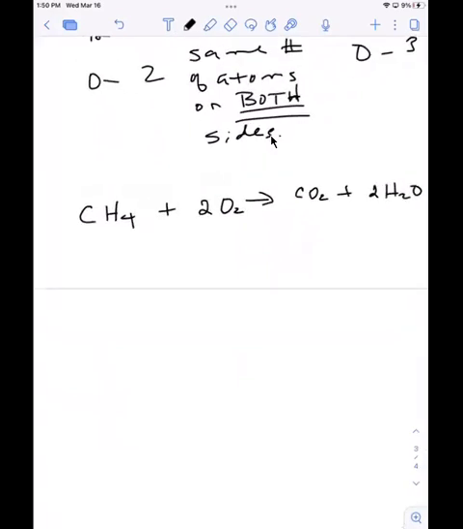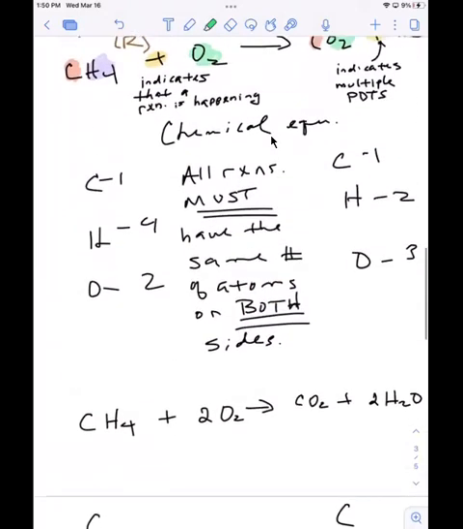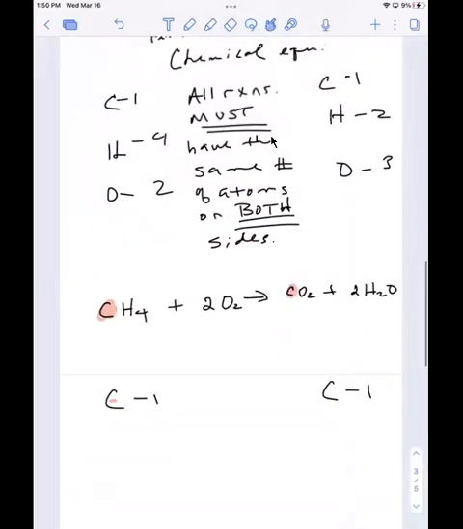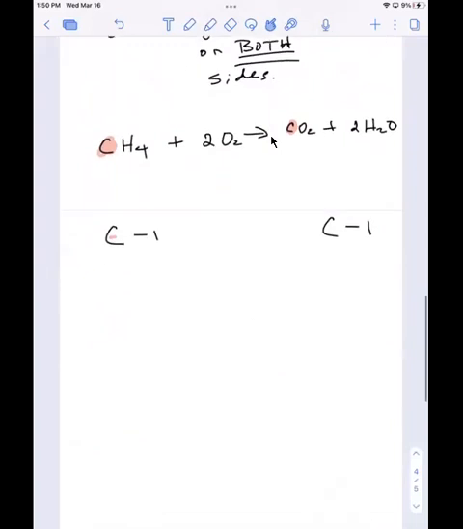Now, how many carbons do I have on each side? What did I use for carbon? How many carbons? Is it still one? Yes. Now, how many hydrogens do I have on both sides?